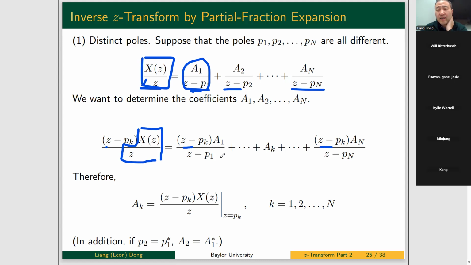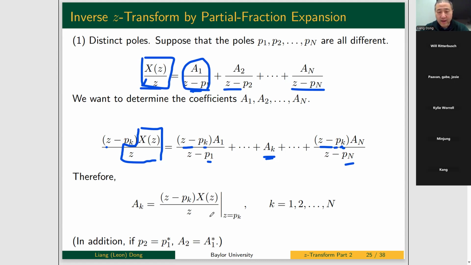Because all these poles are distinct, p sub k and p1 are different, so the first term I have to leave here. The only thing that cancels out is the kth term, because you have z subtract p sub k on the numerator and z subtract p sub k on the denominator. So it cancels out, and I have just one constant. And then all the way to the last one, because these are distinct, you keep it there.